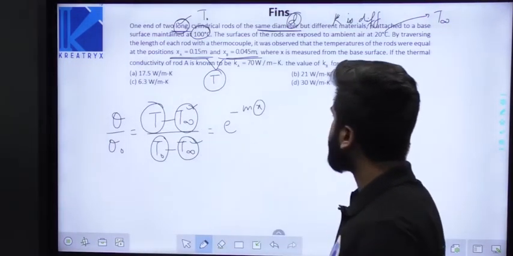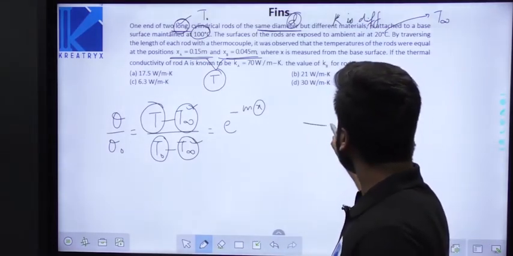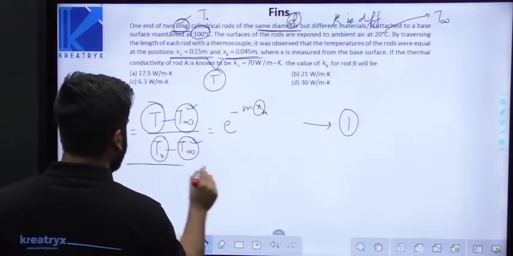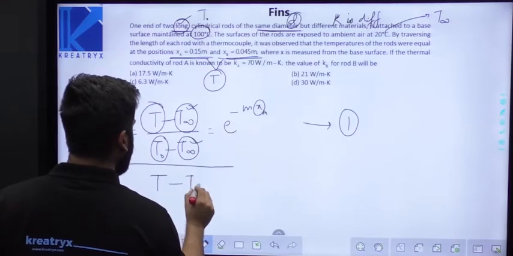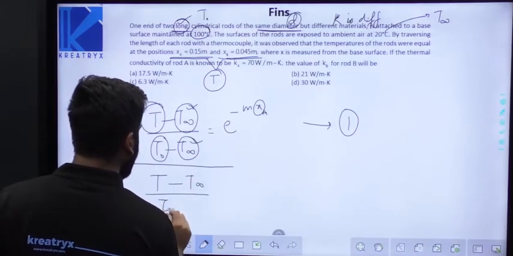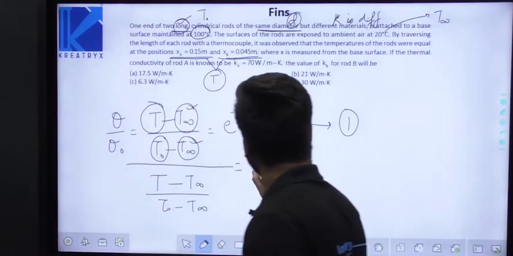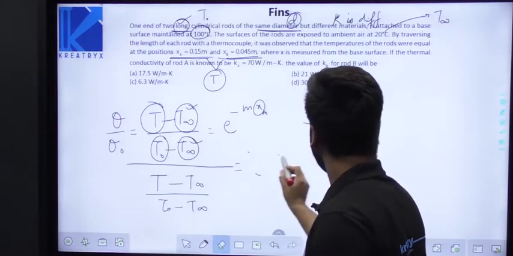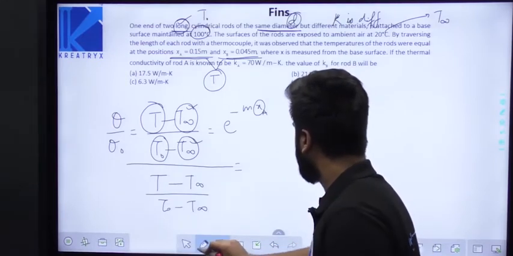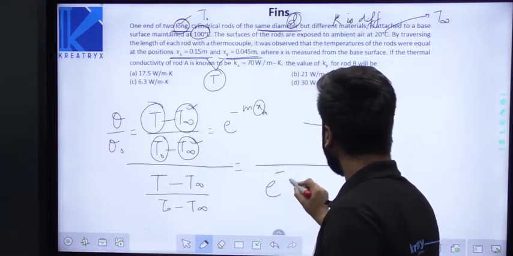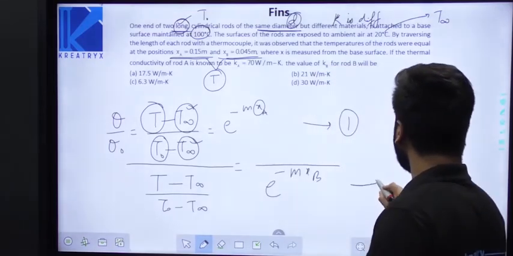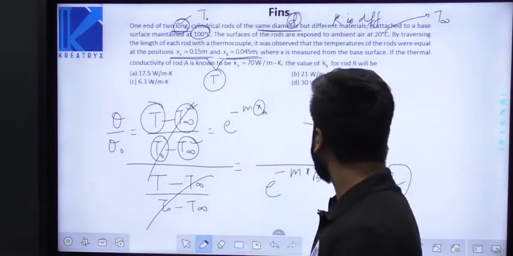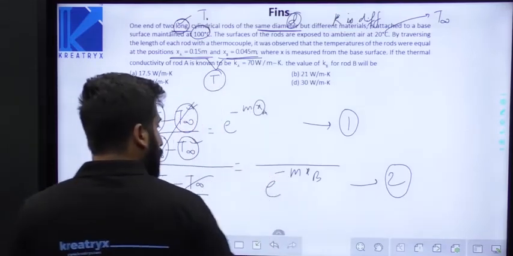However, this x is different. Let this be for case 1, xa, and for case 2, I'm directly taking the ratio, e raised to power minus mxb. This and this will get cancelled out.